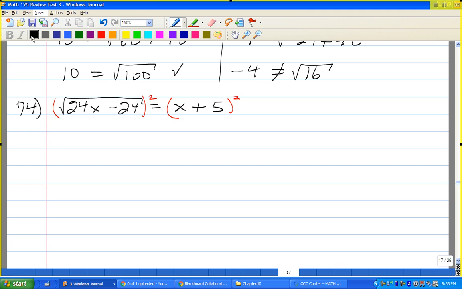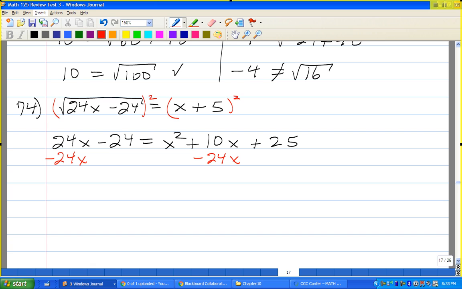So I just get 24x minus 24 is equal to the x plus 5 quantity squared. So I get x squared plus 10x plus 25. Subtract 24x, add 24 to both sides of my equation.